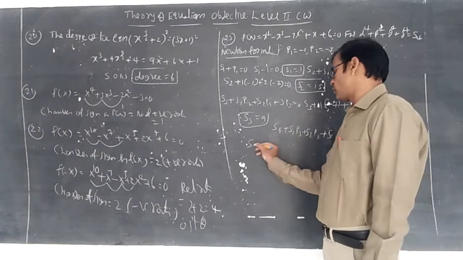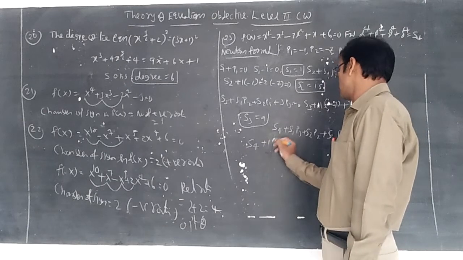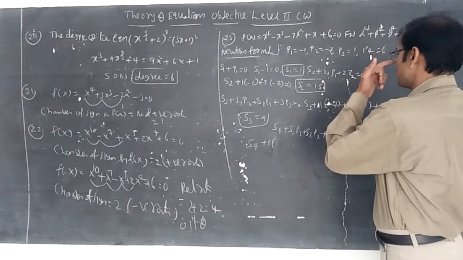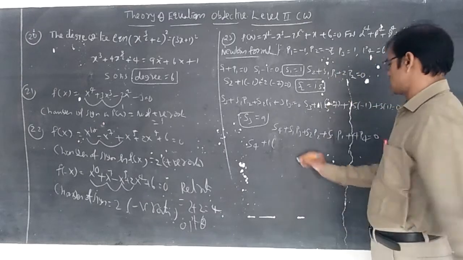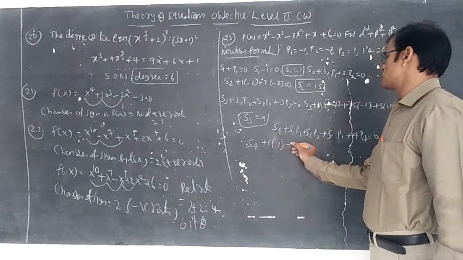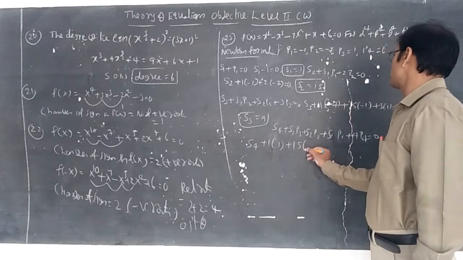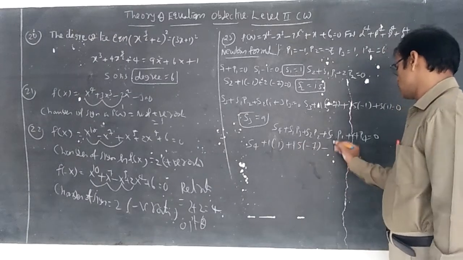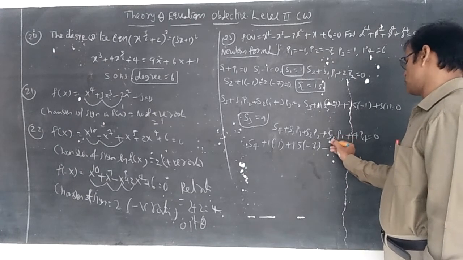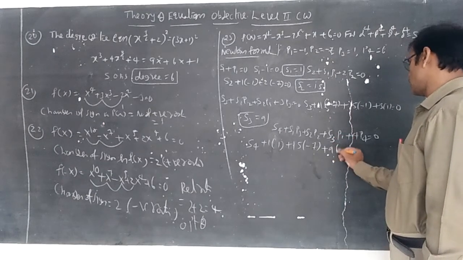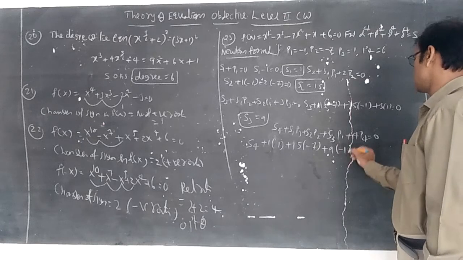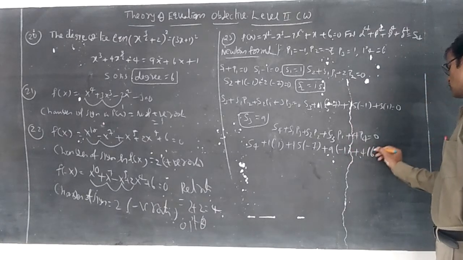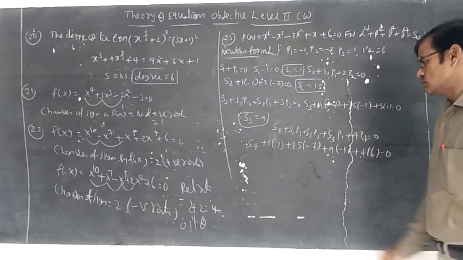So S4 plus S1, meaning 1, P3, here it is also 1, plus S2, 15, into P2, minus 7, plus S3, now we got 9, into P1, meaning minus 1, plus 4 P4, so 4 into 6, equal to 0.